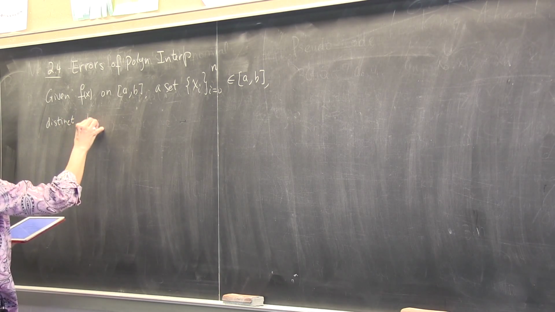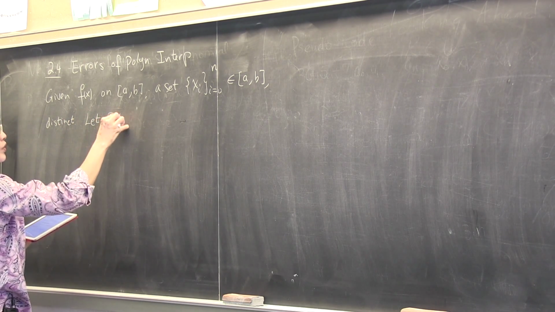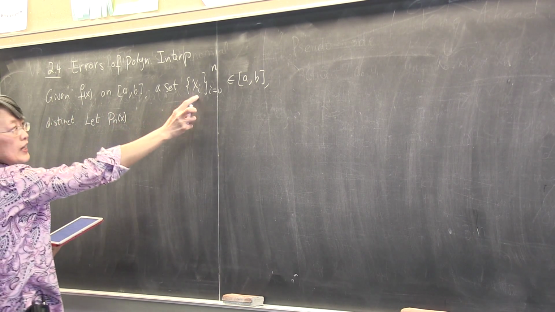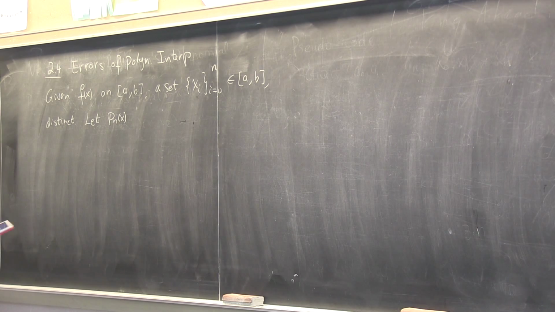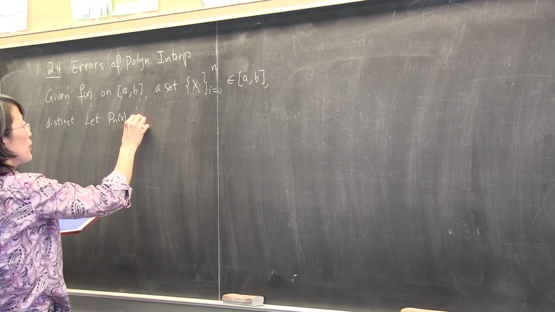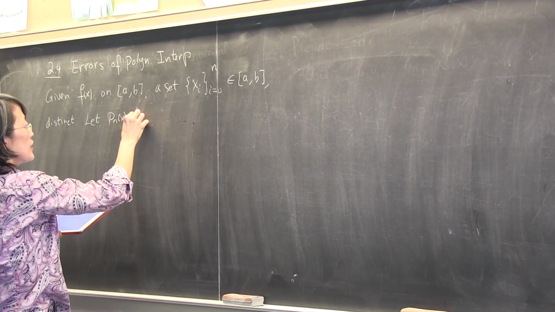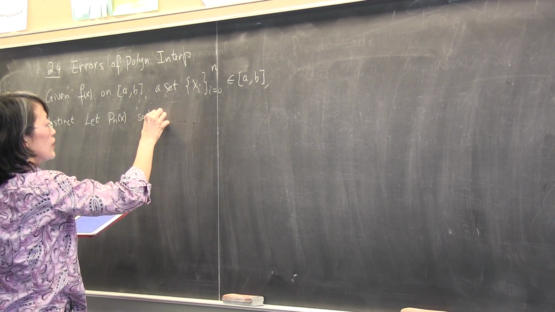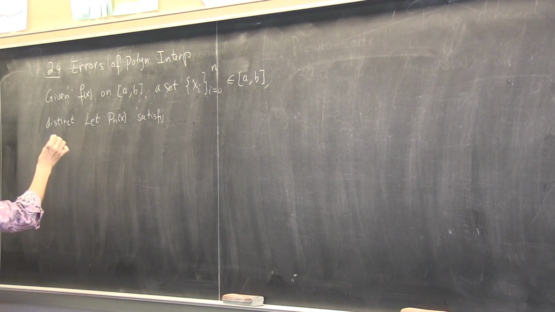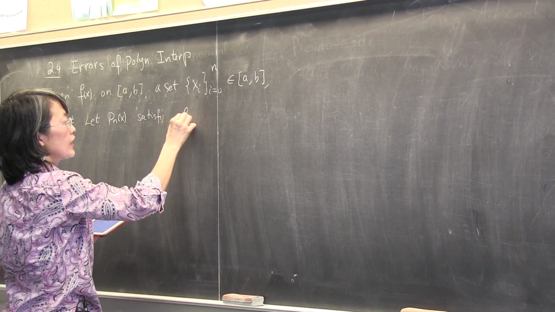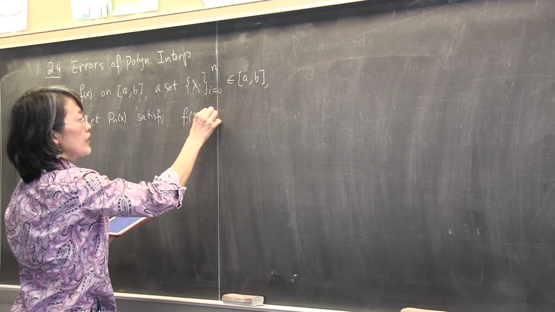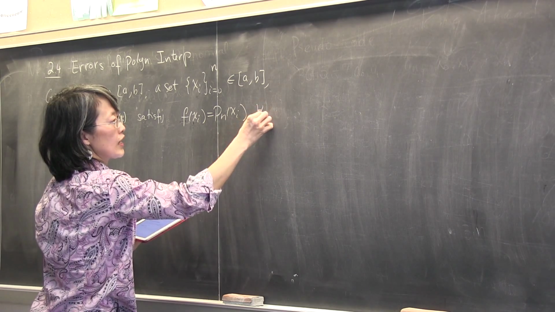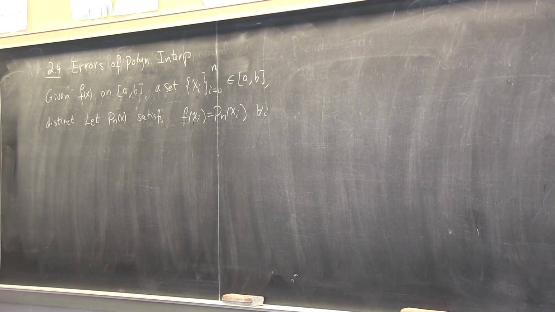And then I have a polynomial of degree n that interpolates my function exactly at those data points. So Pn is a polynomial of degree n, and it satisfies the following. So what does it mean? I can write it here, f at xi equals Pn at xi for all these i's, n plus 1 points.